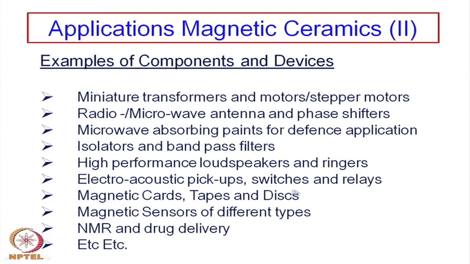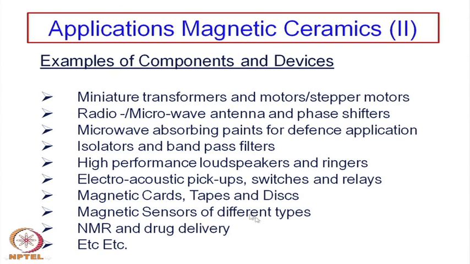Electroacoustic pickups, switches and relays, magnetic cards, ATM cards for example, magnetic tapes and discs, we have mentioned about it earlier. Magnetic sensors of different types, magneto-resistive sensors, then there are many other kinds of magnetic sensors in which magnetic materials are used, NMR and drug delivery, that also I have mentioned, and so on and so forth.